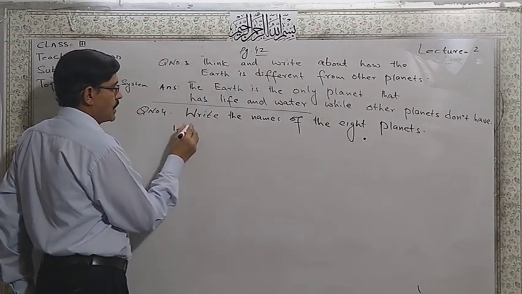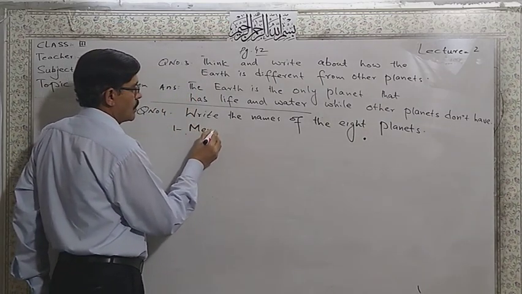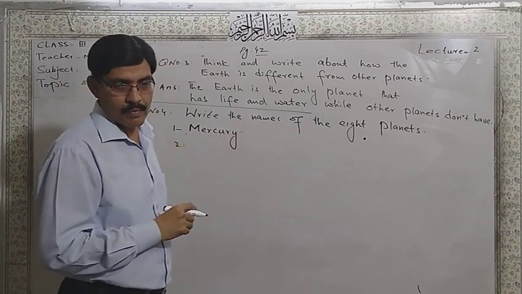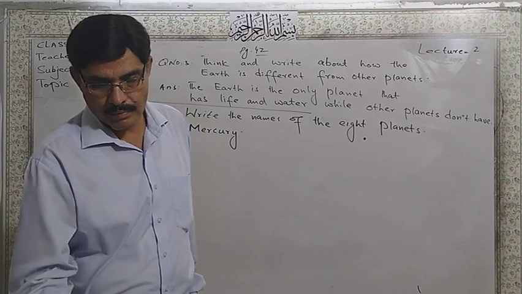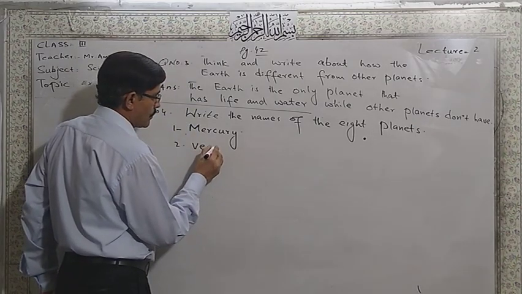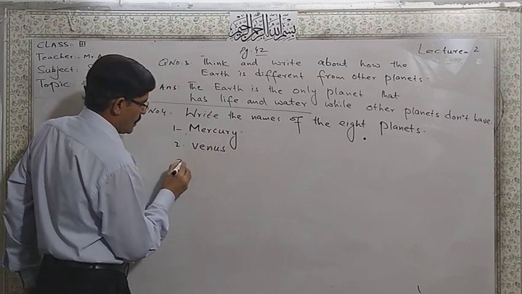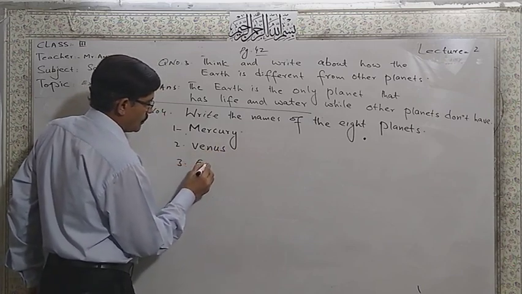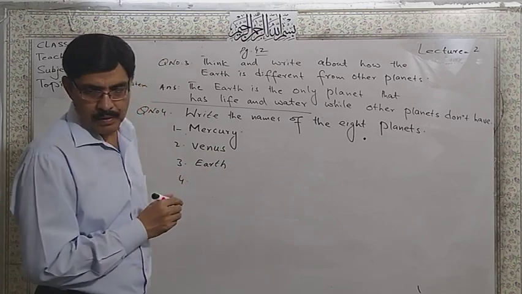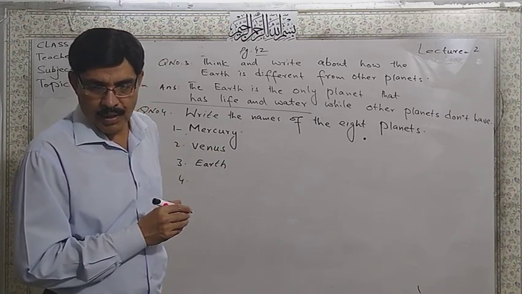Number 1, Mercury. Number 2, Venus. Number 3, Earth. Number 4, Mars.